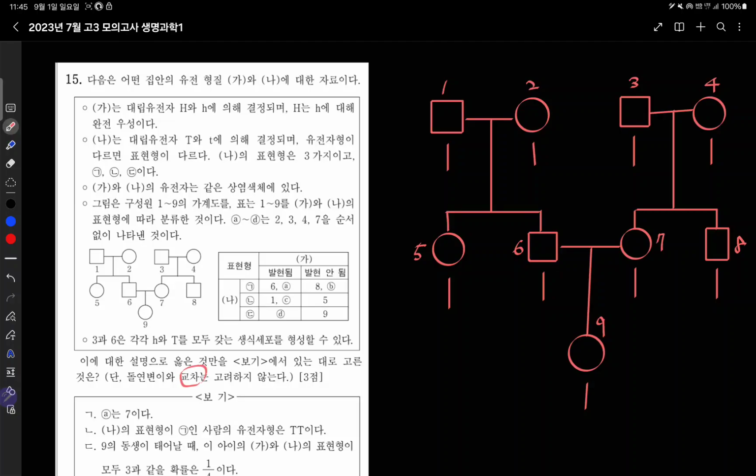And because we don't consider crossover in this problem, when two genes are located on the same chromosome, they are always inherited together.